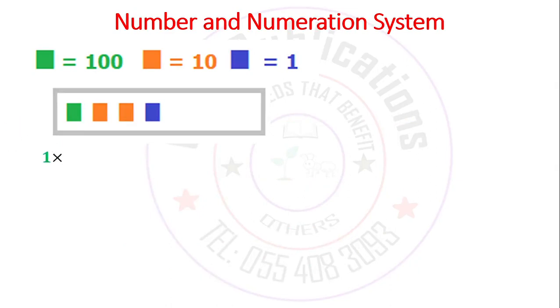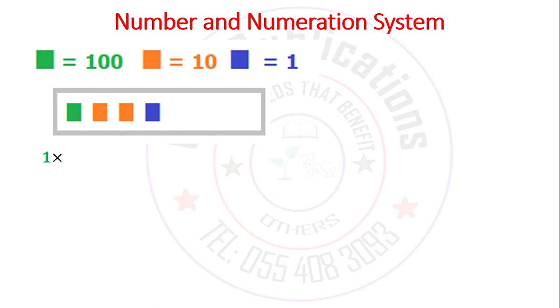What we are going to do next is, we just mentioned it the other day in our previous lesson. We just mentioned the numbers as it were. So what we are doing next is, how many groups of 100 do we have here? Do you see our symbols, the green? How many do we have? We have 1.